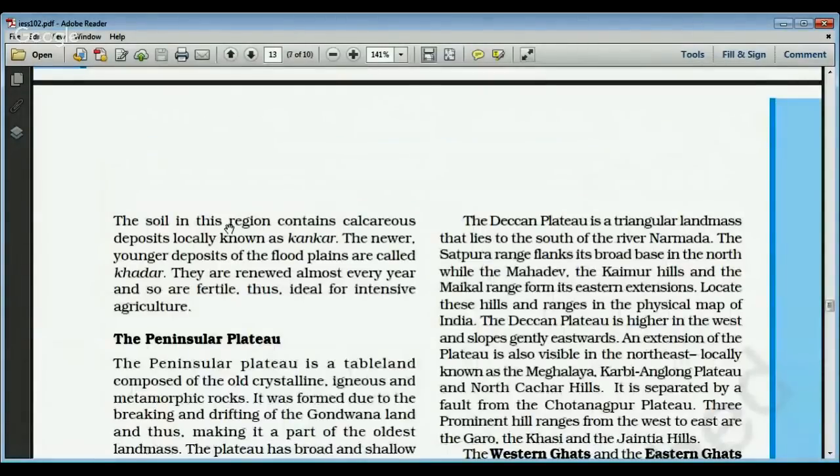The soil in this region contains calcareous deposits, known as kankar. And then the newer, younger deposits of the floodplains, to the south, are known as Khaddar. They are renewed almost every year, and that is why they are the most fertile regions. Their soils are most fertile, and thus they are ideal for intensive agriculture.